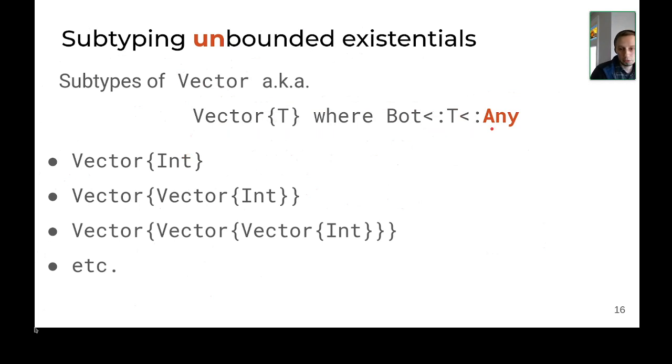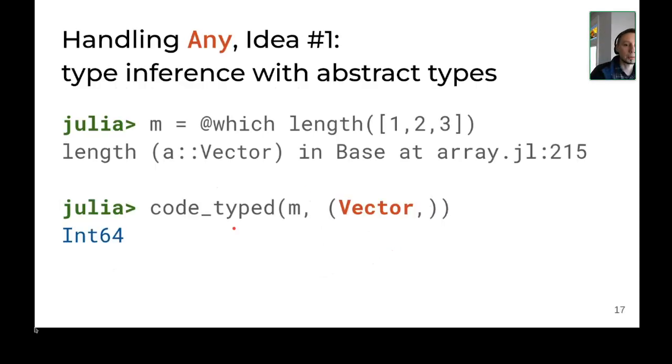There are several issues with such types, but the simplest one is that you can recursively instantiate parametric types if you don't have a bound on the parameter or any other bound on Any. So you can just go into loops, trying to enumerate all the possible concrete types here. We have a couple of ideas how to handle this.